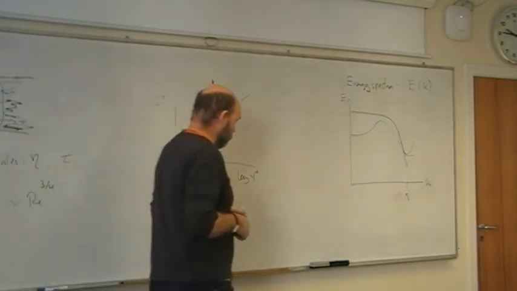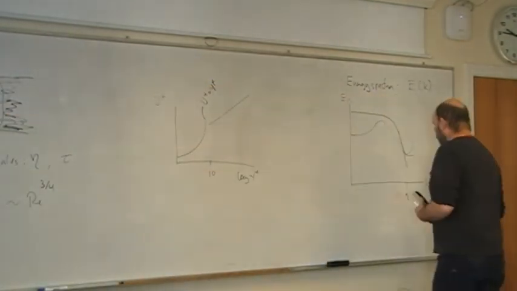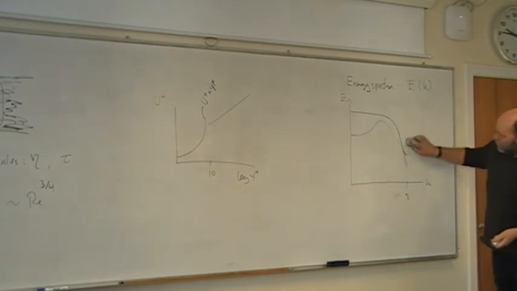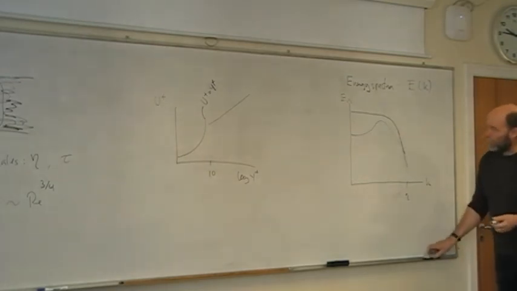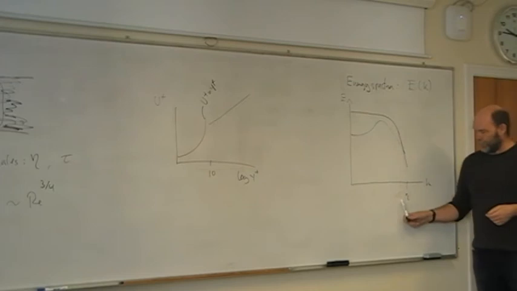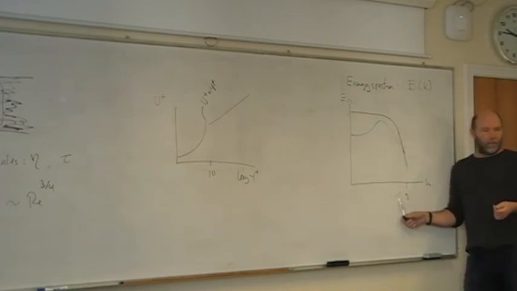If it happens, what can you do? Then you cheat. You say, I don't have the money to go all the way down to 10 Kolmogorov everywhere in my domain. I switch on a turbulence model inside one single cell. So the turbulent activity within one cell is now to be modeled with a very simple turbulence model, Prandtl's mixing layer or something like that.